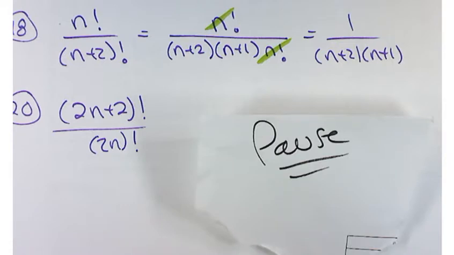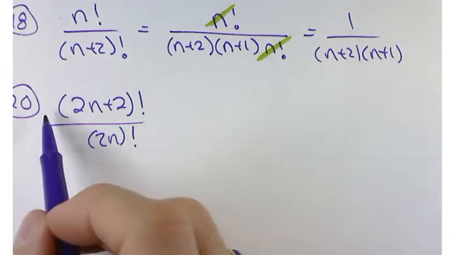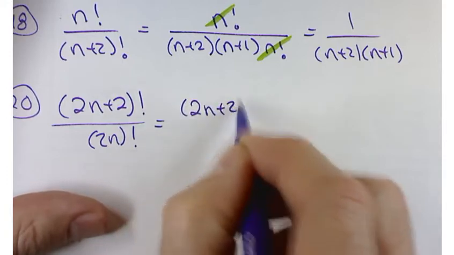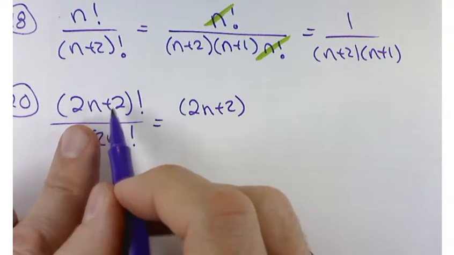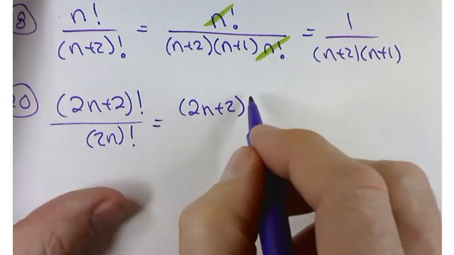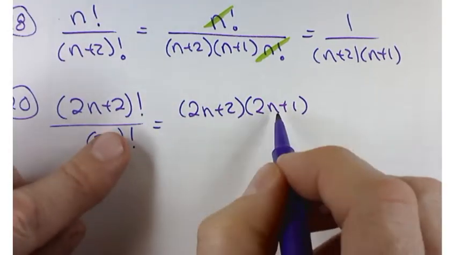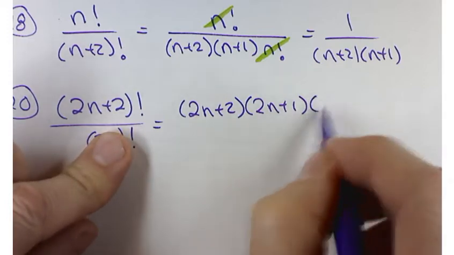Okay. Looking good. So you cannot factor out the 2 here. Instead, what you have to do is kind of pare this down the way we did the last one. So if I subtract 1 from whatever this integer is, the next one down would be 2n plus 1. Subtracting 1 from that, the next one down would be 2n.